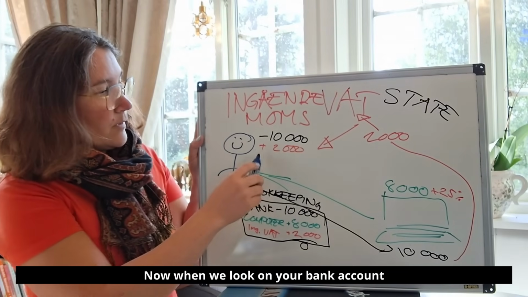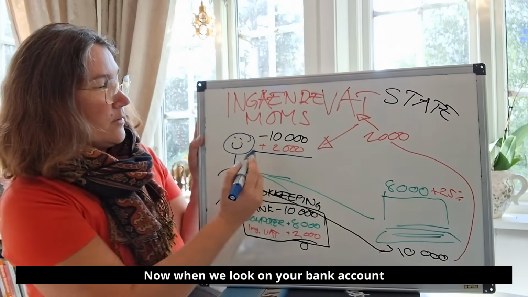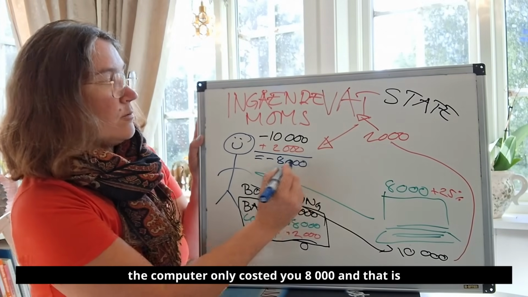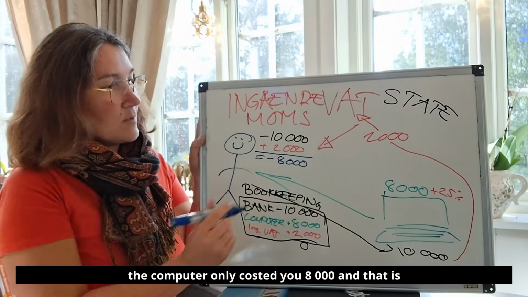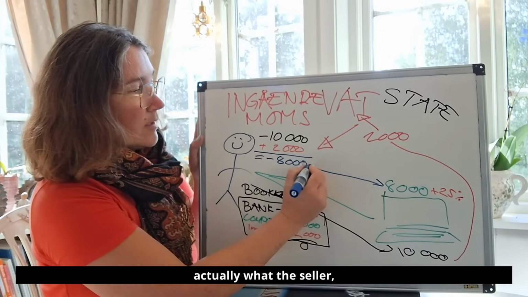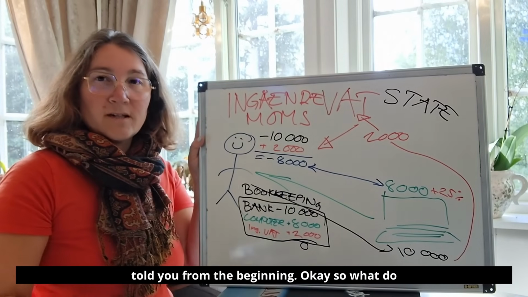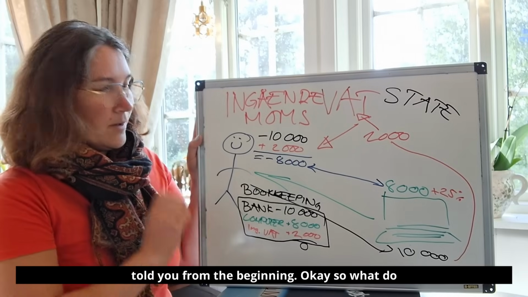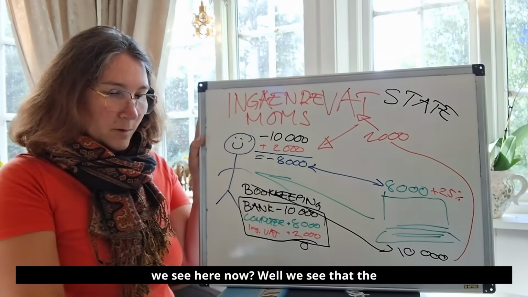So now, when we look at your bank account, the computer only cost you 8,000. And that is actually what the salesman told you from the beginning. Okay, so what do we see here now?